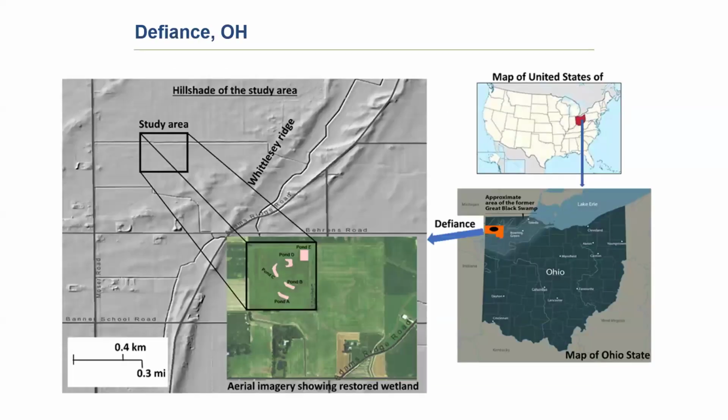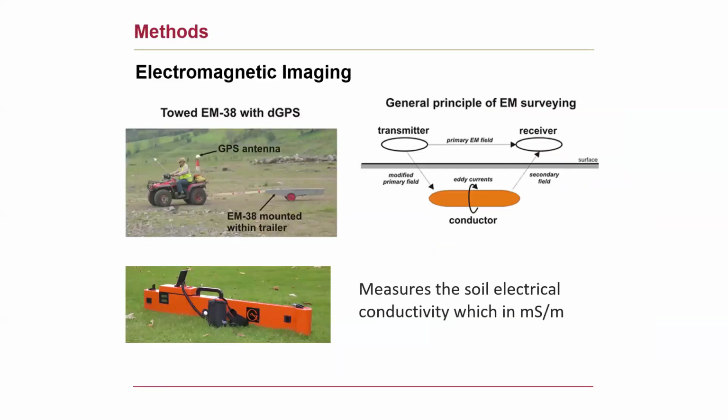So I want to show you a case application that I worked on with my student, Efemena, earlier on at the University of Toledo. First, I wanted to show you the electromagnetic imaging method that we use to map electrical conductivity of soils. A simple instrument that consists of a transmitter and a receiver.